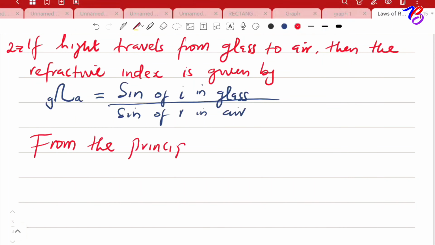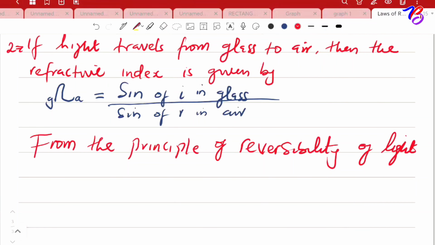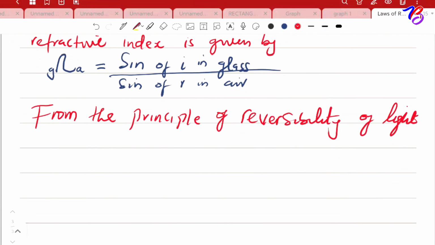So from the principle of reversibility of light, that light can take its original source path, even though it has been refracted.